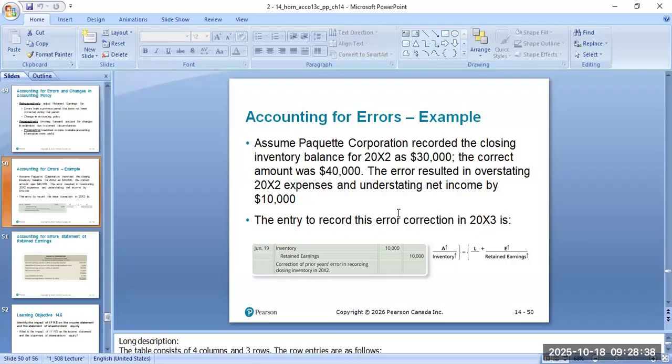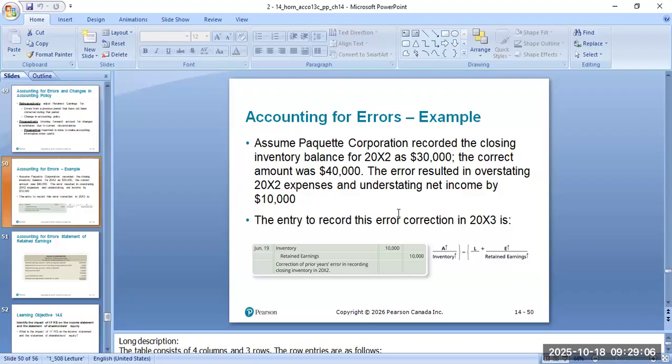That means we already expensed the cost of goods sold. However, the right amount for the inventory is not 30, it's 40,000. So basically, we naturally put in more expenses. We overstated the expenses by $10,000. And we're thinking how this is going to affect the income. Obviously, the income went down by 10,000.